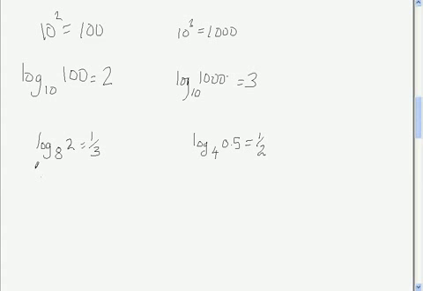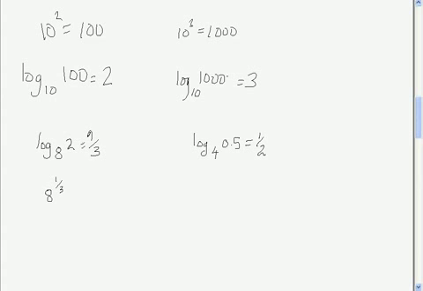Let's look at a couple more examples. You got log of 2 to base 8, which is equal to a third. So if you were to write this in standard indices form, how would you do that? You would notice that this value here, the base, is always the number to which you raise a power, and that power is always the third, the number that is the result of the log.